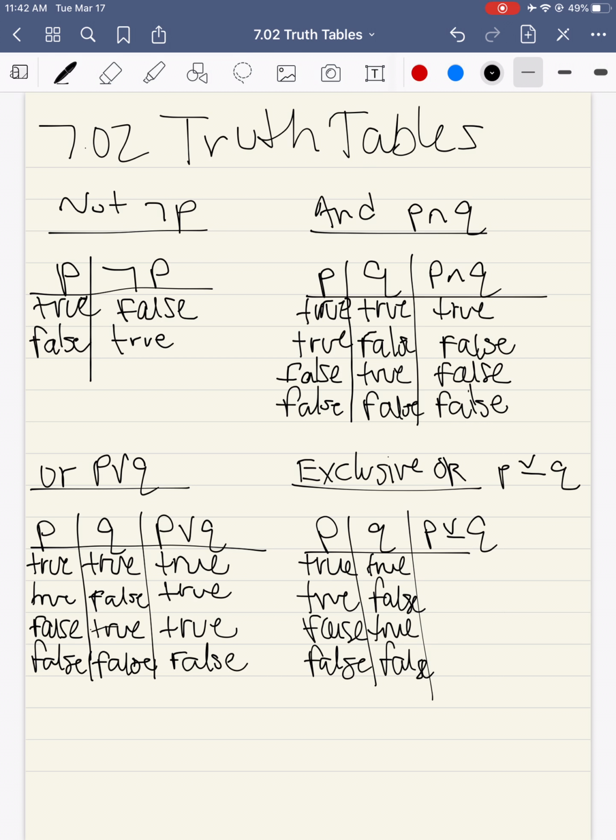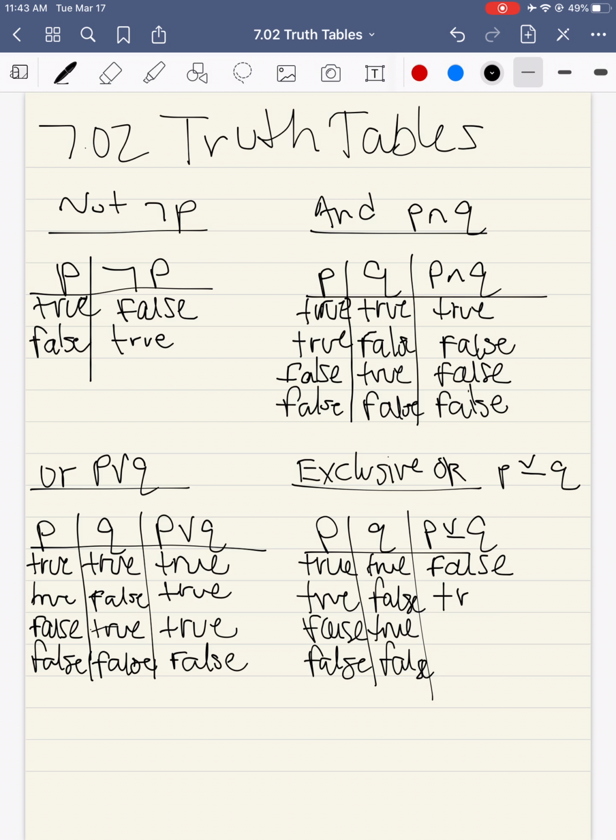So we can't have, let's say in the first line here, true or true, well, that's going to be a false statement because they both can't be true. So it's one or the other, but not both. So if both statements are true, then the whole statement is false. So looking at the next one, if we have true or false, but not both, that meets our criteria because one of them is true, but not both of them.